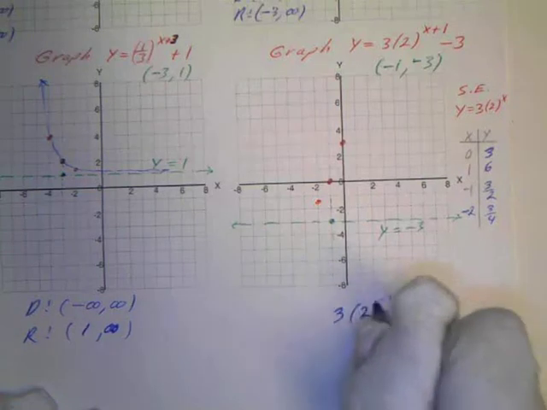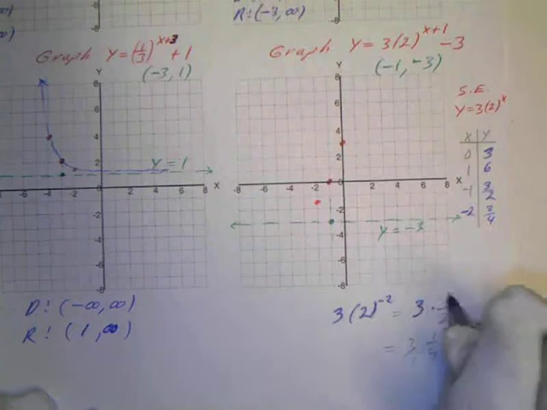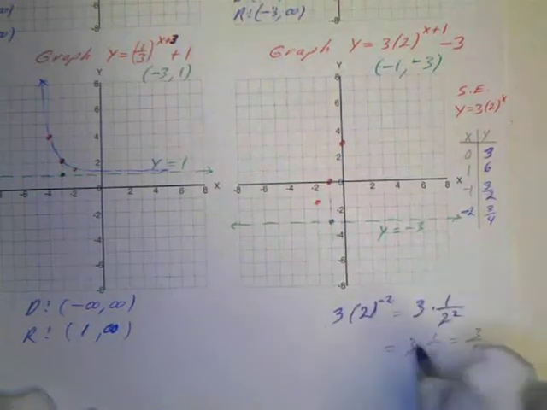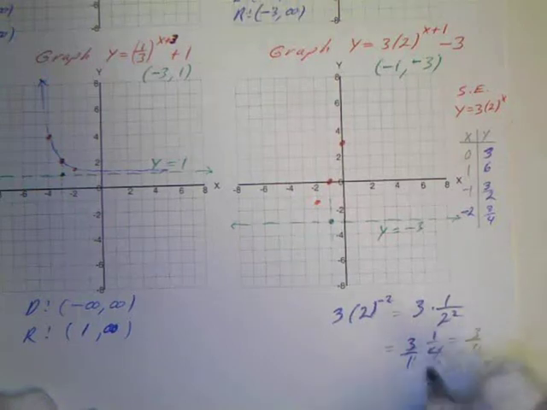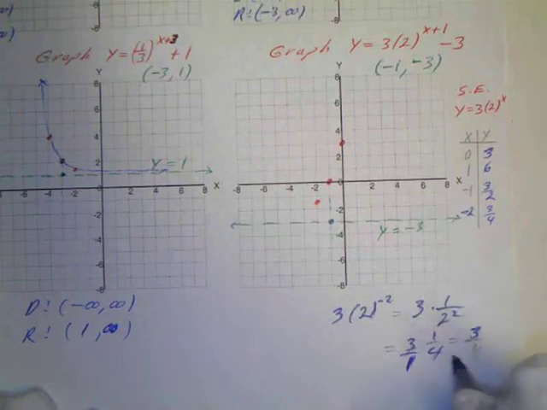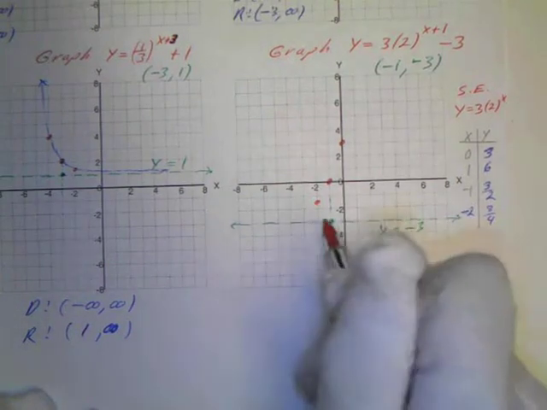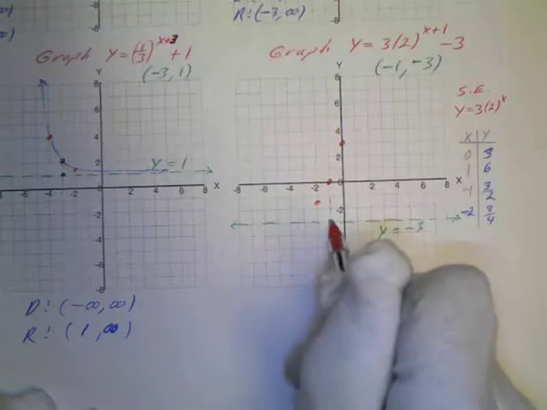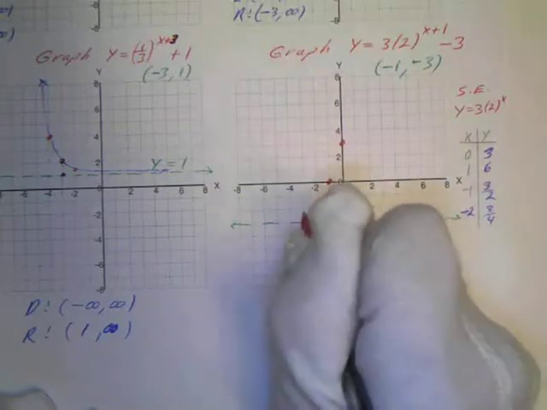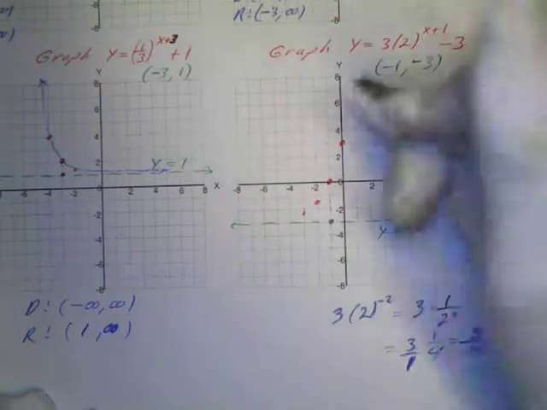And 3 times 1 is 3, and 1 times 4 is 4, so it's 3/4. Okay? So I go from my new 0, 2 to the left, 1, 2, and up 3/4. And there you go. So that should be enough.